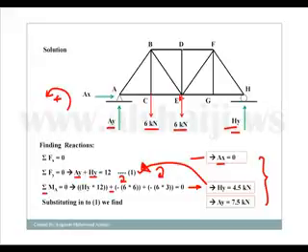First, we have to pick a joint that has only 2 members with unknown forces. For example, if I pick joint C right here, we'll have 3 members, CE, CB, and CA. That's a bad choice. But if I choose joint A, that's 2 members, AC and AB.